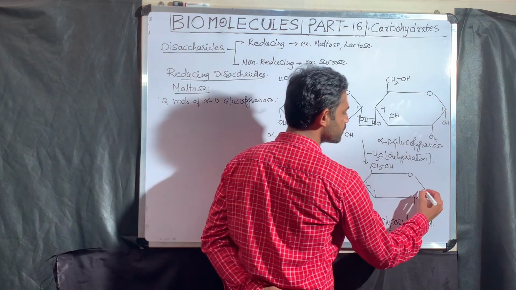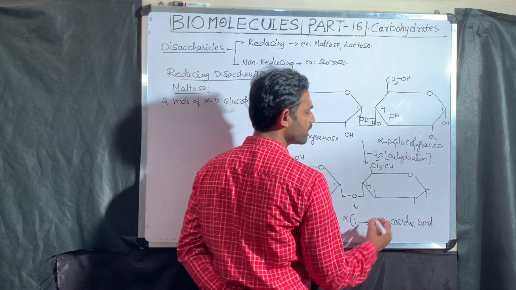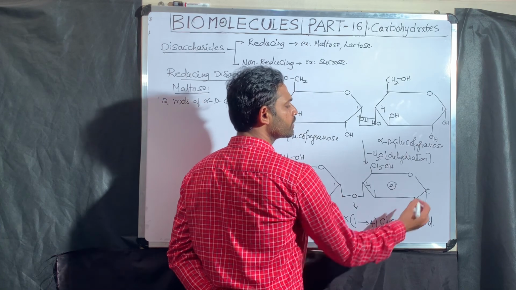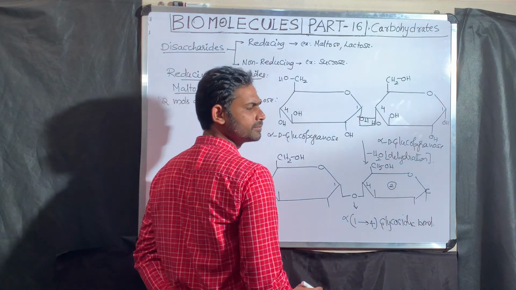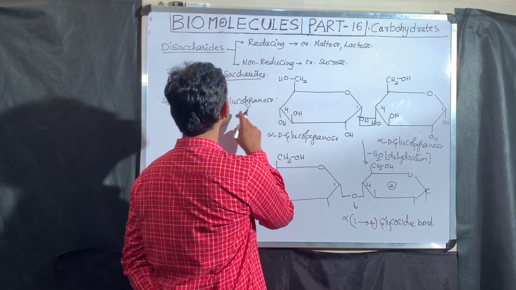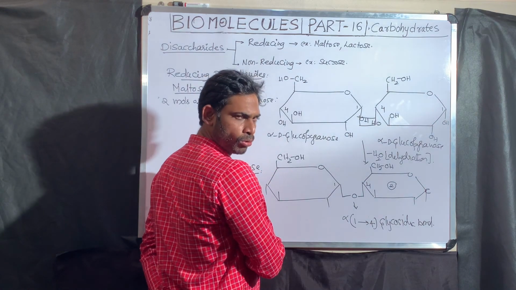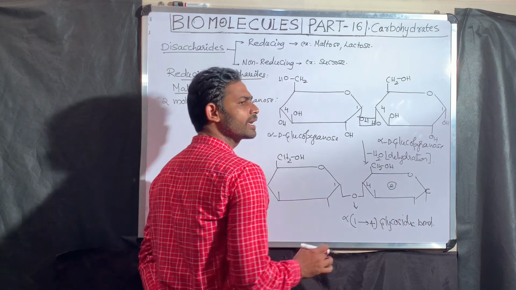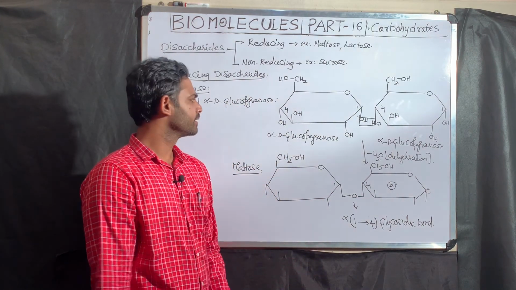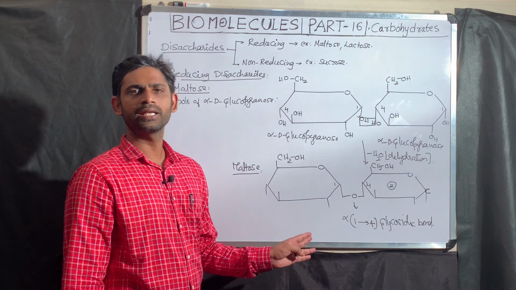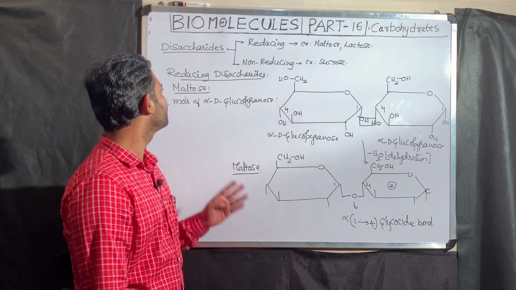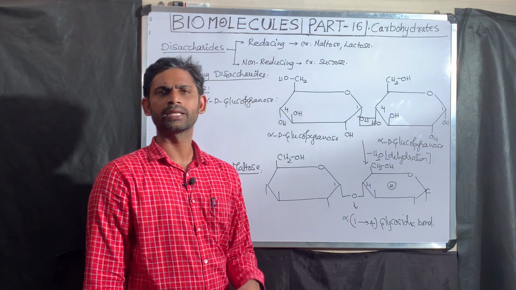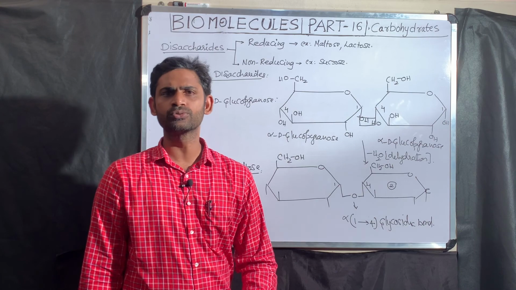But here, this is the functional carbon on the second sugar, so this functional carbon is free. That is why the reducing nature of maltose is due to the presence of a free functional group on the second sugar. This is a way of understanding the disaccharide. I explained by taking maltose. The remaining disaccharides I will explain soon.